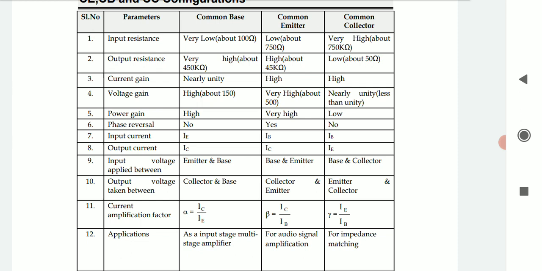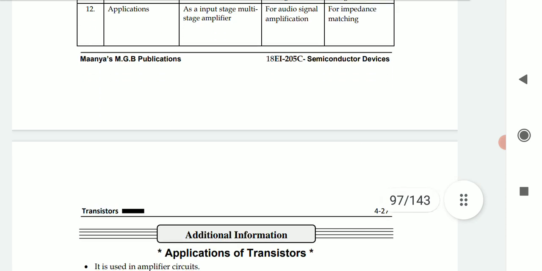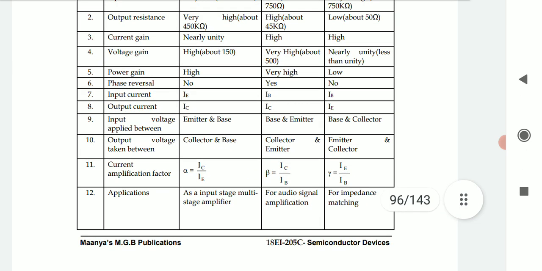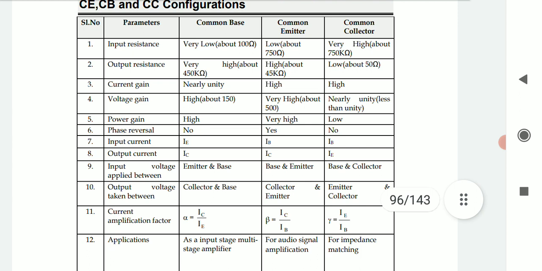For different parameters, that is input resistance, output resistance, current gain, voltage gain, power gain, phase reversal, input current, input voltage applied between and output voltage taken between, current amplification factor, applications. Almost all the information which we have studied in this lesson has been given in a single tabular form. A total of 12 parameters have been discussed.